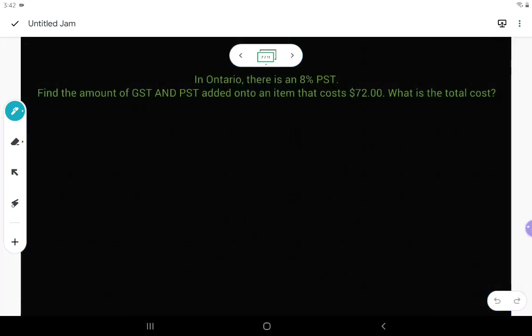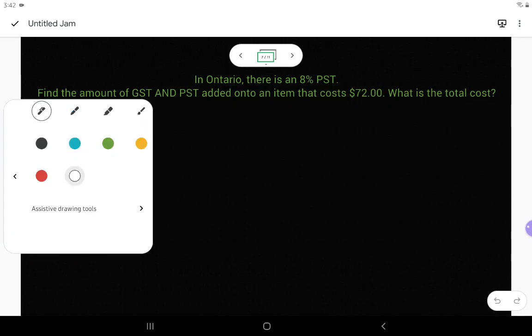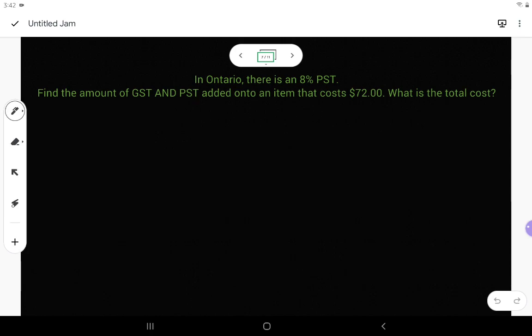Okay, now different provinces have different tax rates. If we were to go east of us into Ontario, they have an 8% PST. So with this one, if I've got to find the GST and PST, again I've got to find 5% of my cost here, which is $72, and I'm going to need to find 8% of $72. I'm going to leave it to you to calculate those two things separately if you want.